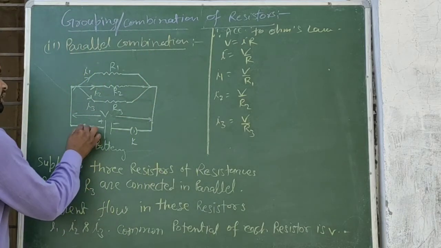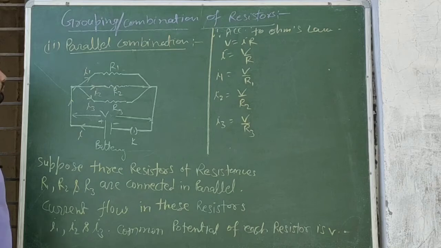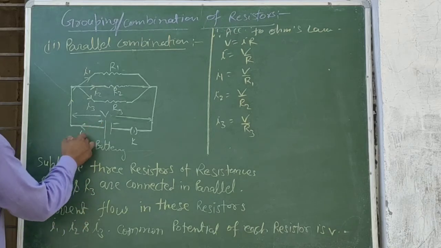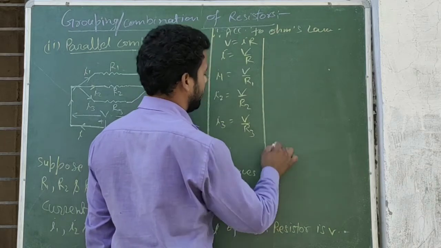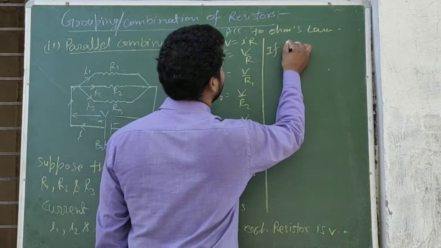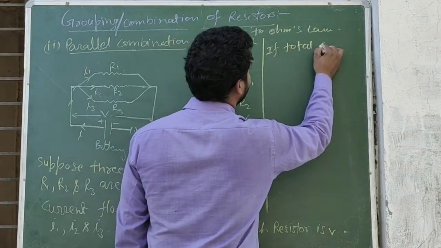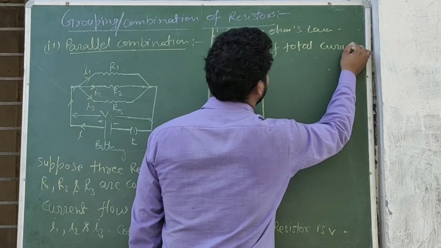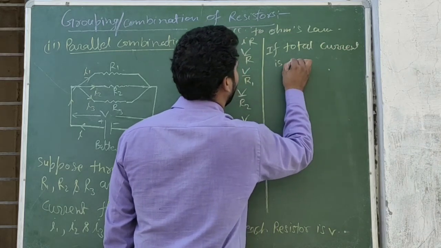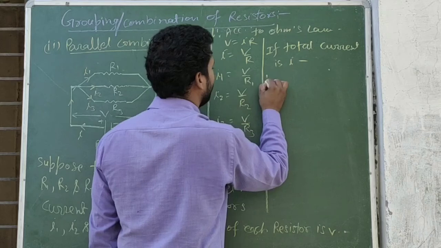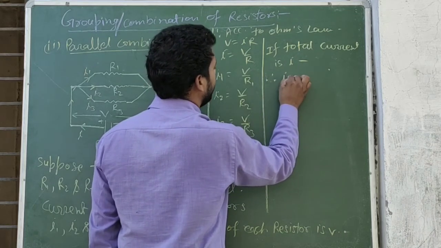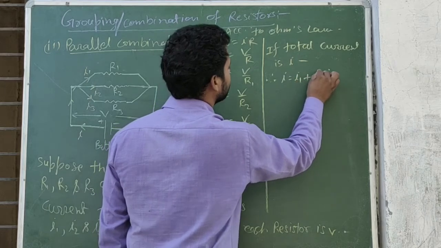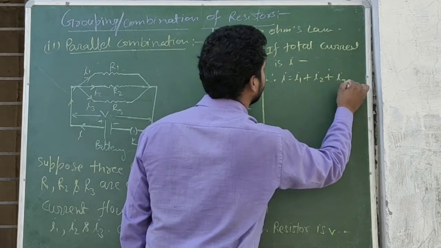If total current produced by the battery is I, then I equal to I1 plus I2 plus I3.